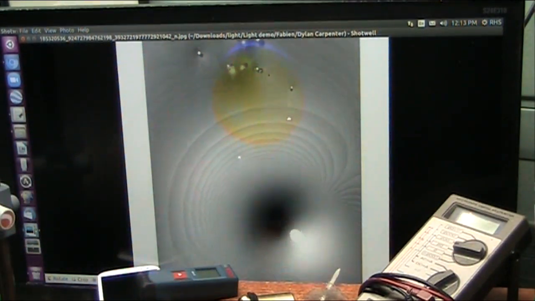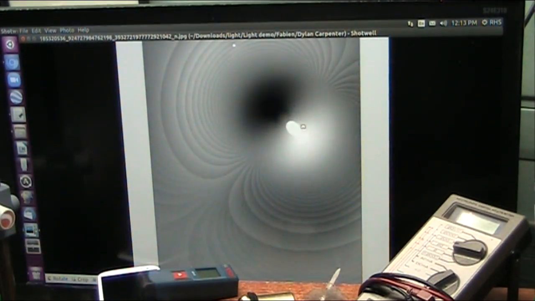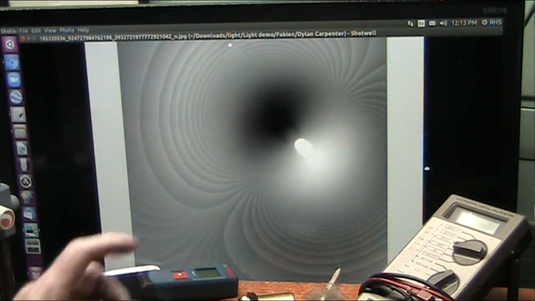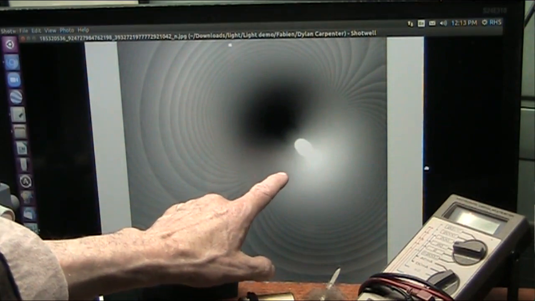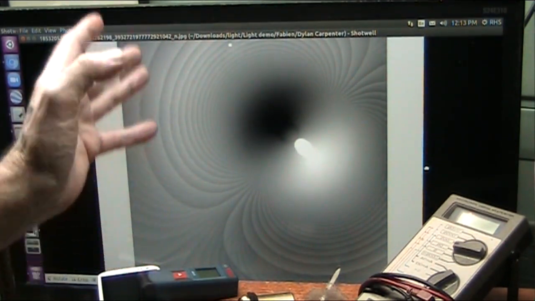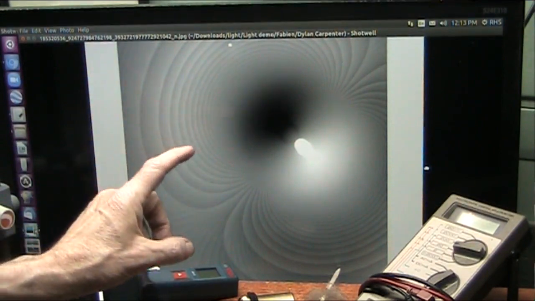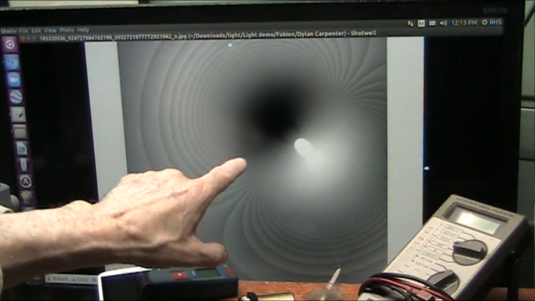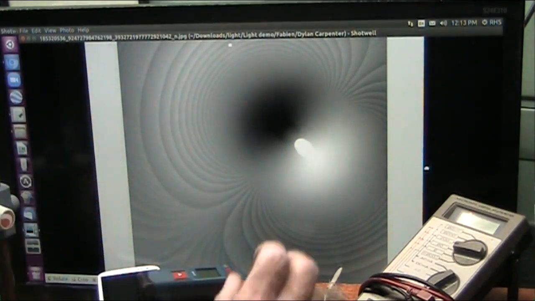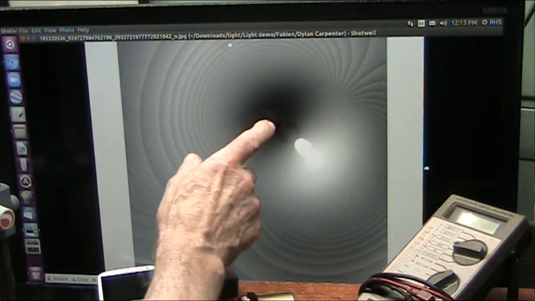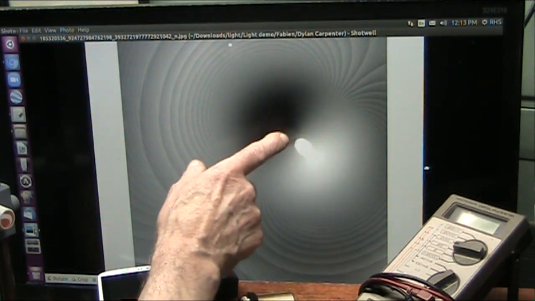However, I can tell you what, this is the one that really excites me, because I'm almost sure that this is Venus. Now, why does that excite me? Well, normally you're going to see a very well-defined black ball and a well-defined white ball. Here you got this glowy, fuzzy, whitey, and then you got black mixed in with white.